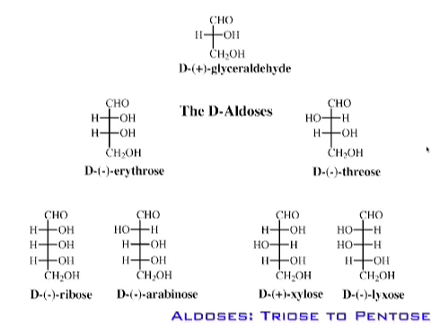Ribose has all of the OHs on the same side. If the OHs are staggered to different sides, then you have xylose. If one OH is on the left, you're arabinose, and if 2 OHs are on the left, you're lyxose.